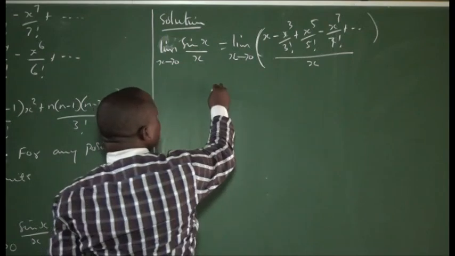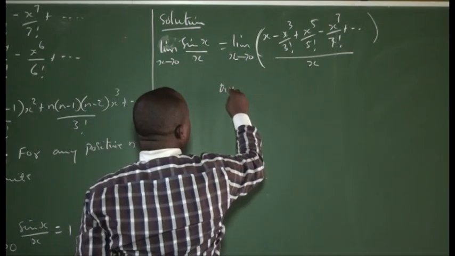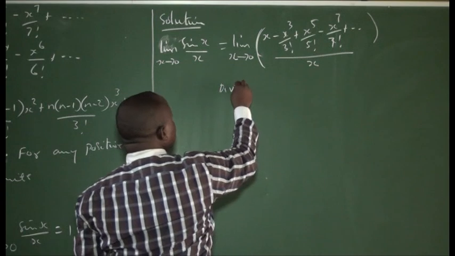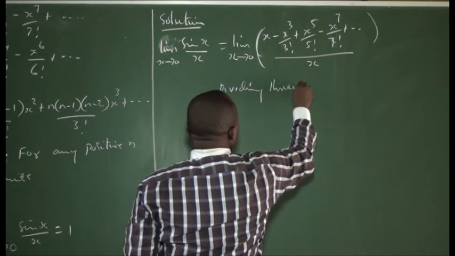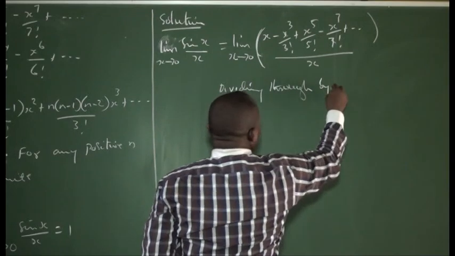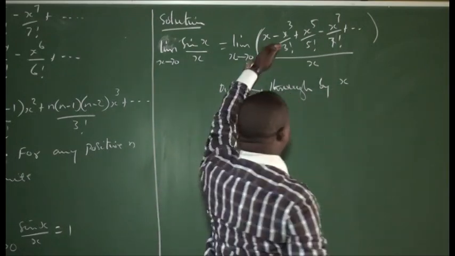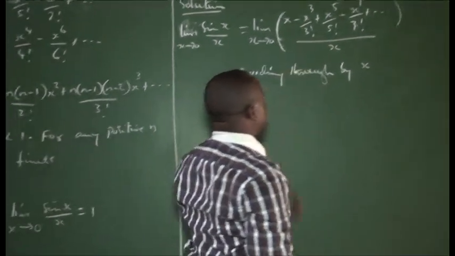So the next thing I will do there is to divide. Dividing through by x, I'm going to divide numerator and denominator by x.